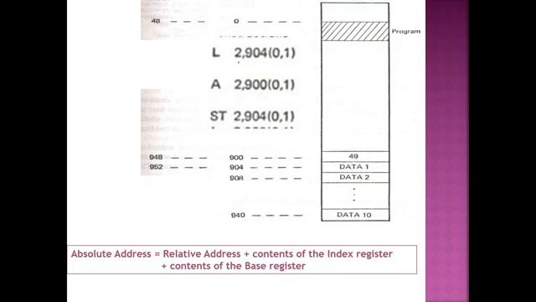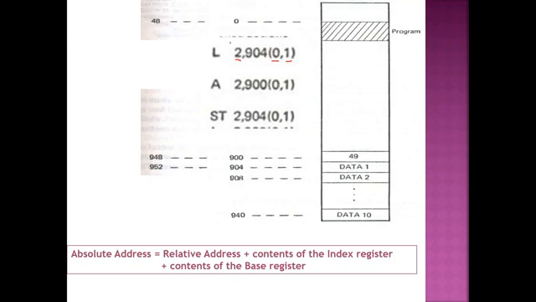Similarly, L is the instruction, 2 is the register. 2 here means register 2, comma, 904 of 0 comma 1. What do you mean by 904 of 0 comma 1? 0 is your index register, and 1 is your base register. The syntax is L 2, 904 of 0, 1.